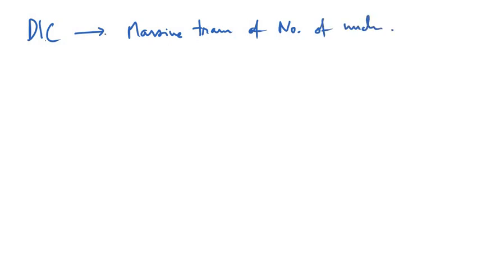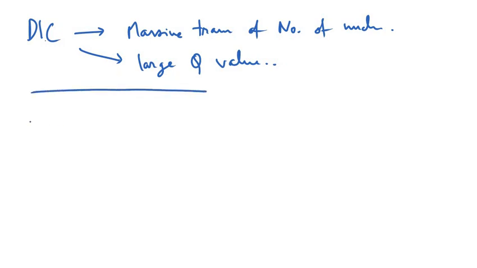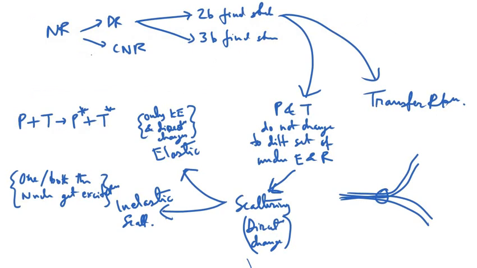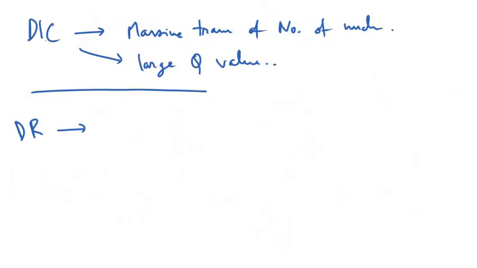And as a result, we have large Q value. Okay. Now, again let us talk about direct reaction. Previously we talked about nuclear reaction, direct reaction, two body final states. Now we will talk about the three body final states.